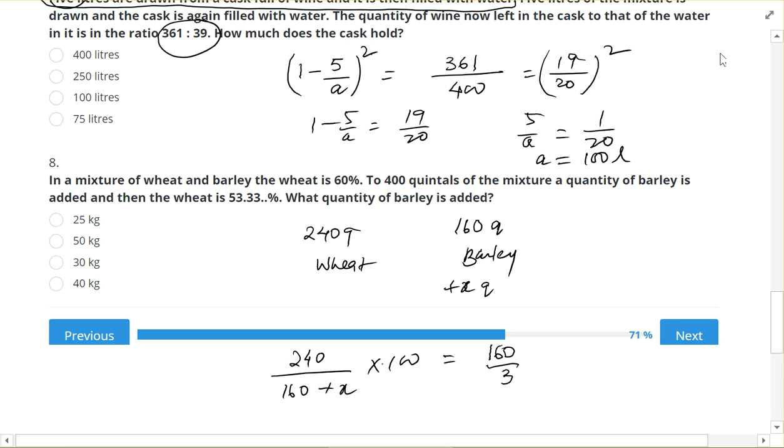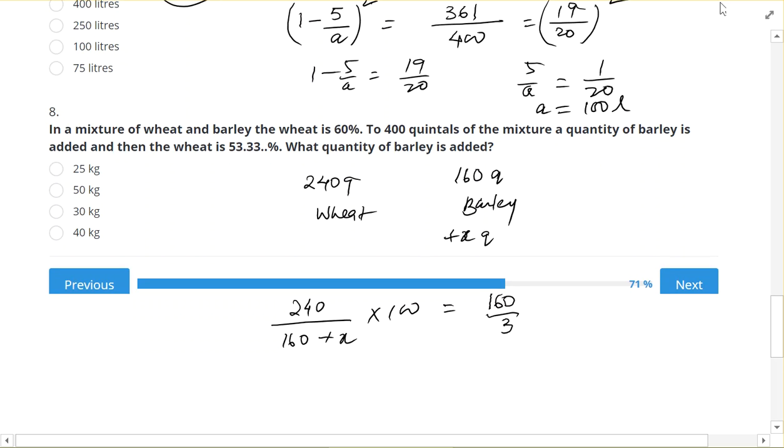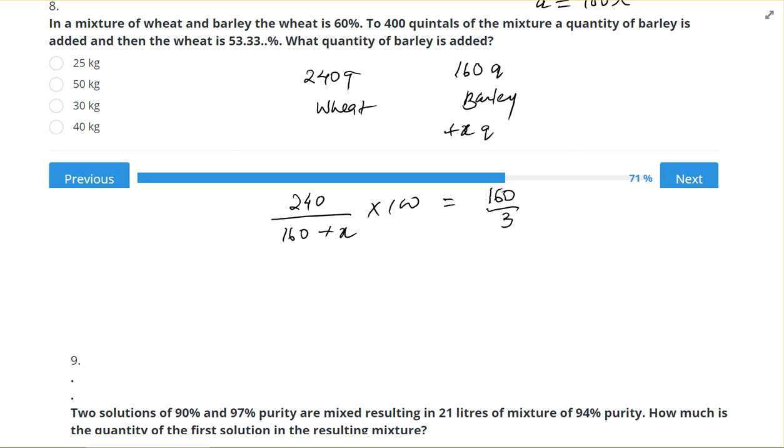Now we will solve it. Let me repeat the question if you didn't get it. In a mixture of wheat and barley, the wheat is 60%, and 400 quintals of the mixture is there. So 240 wheat and 160 barley will be there, because 60% of 400 is 240. The calculation is being done in quintals, so we have assumed X quintal of barley.